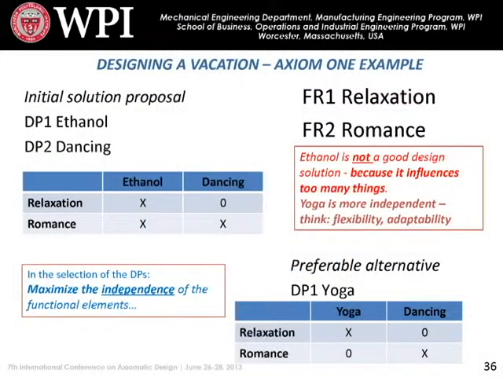There's another very simple example. I'm going to design a vacation. My FR1, I want relaxation. FR2, a little romance. For relaxation, I'm going to use ethanol, otherwise known as something at the bar.